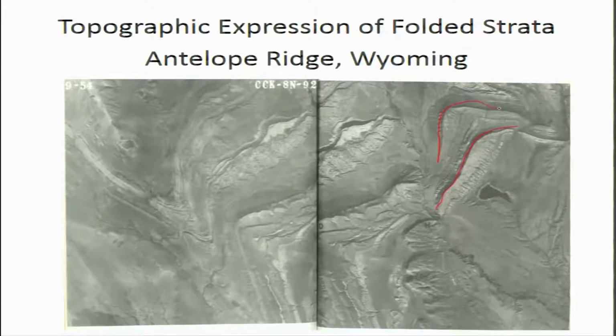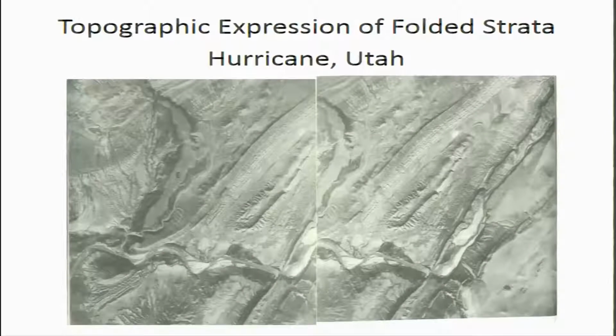So, this is the center of this fold, okay, and here this fold represents another center, and here is another connection between the folds, okay. So, you can easily identify all kinds of tectonic elements on a photograph.